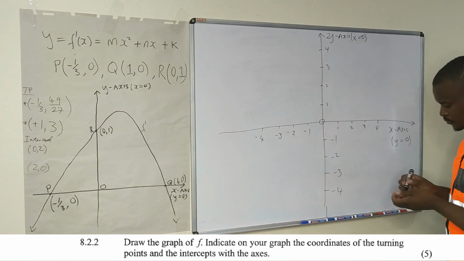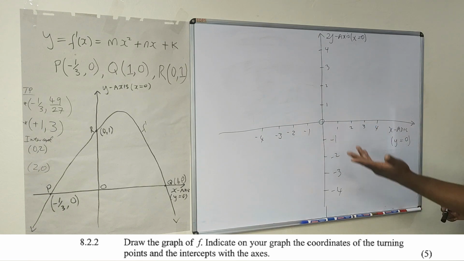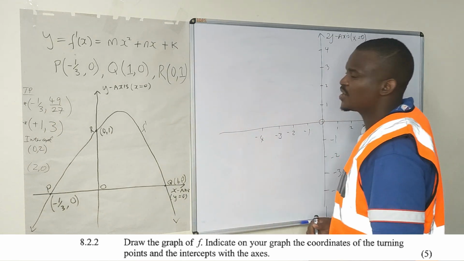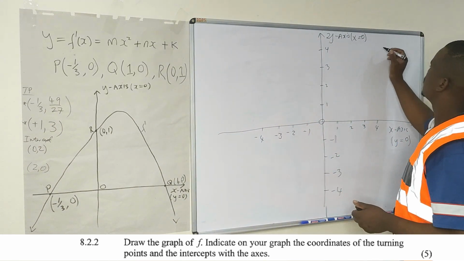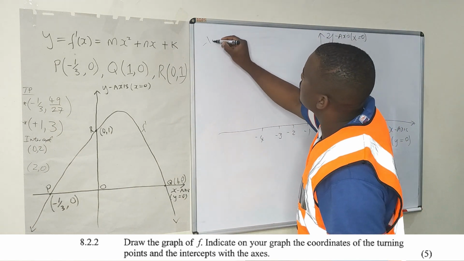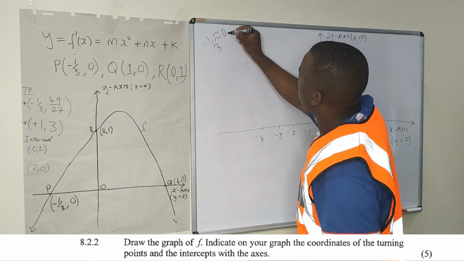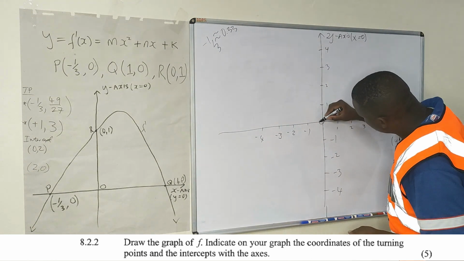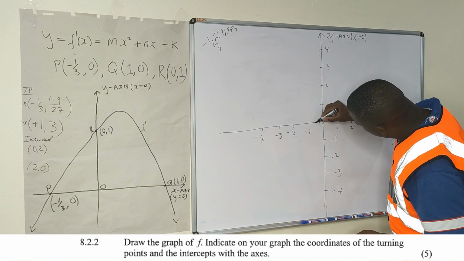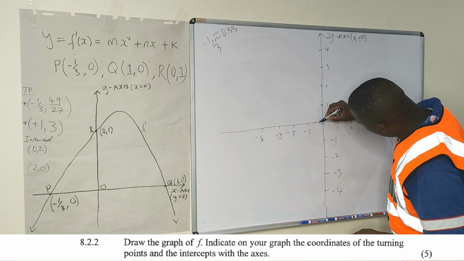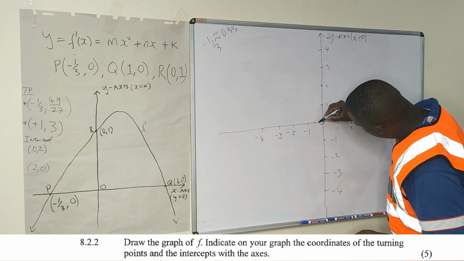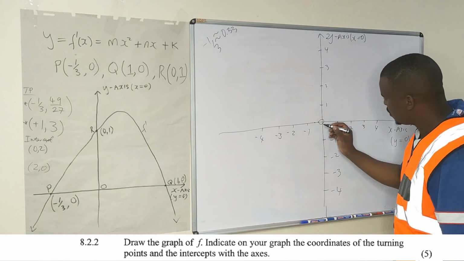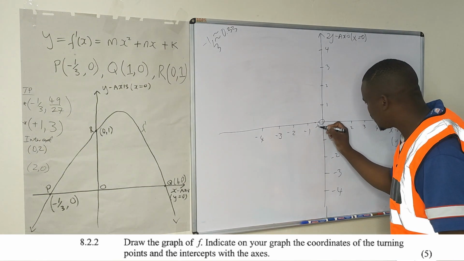Okay. So we plot the values that we have. The turning point, minus 1 over 3, is about minus 0.33 going forward. So I'll say somewhere here.